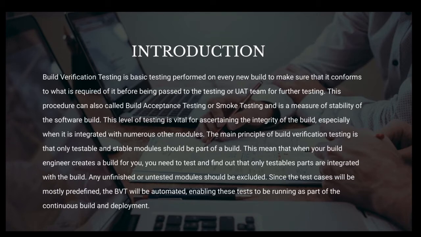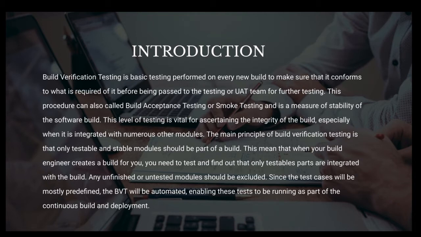Since the test cases will be mostly predefined, the BVT will be automated, enabling these test cases to run as part of continuous build deployment. As part of CI/CD, if we include the test cases for BVT as part of automation, then it can be achieved very easily. In many companies and projects we see that build verification testing is done manually because of certain constraints, or maybe the automation is not in place.